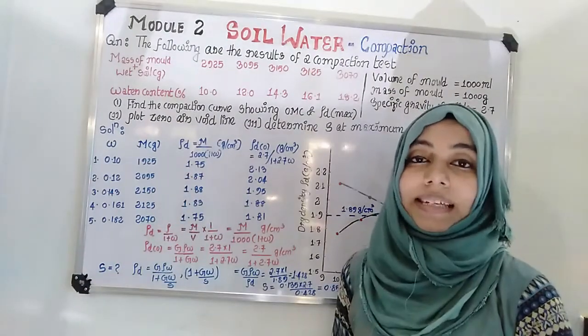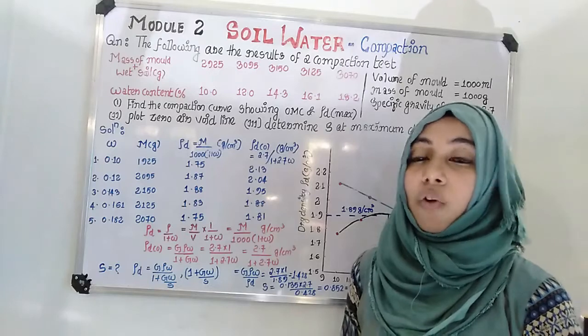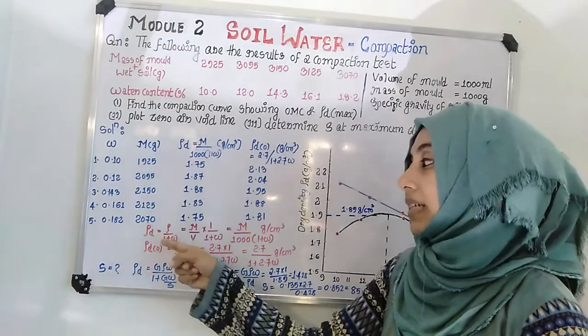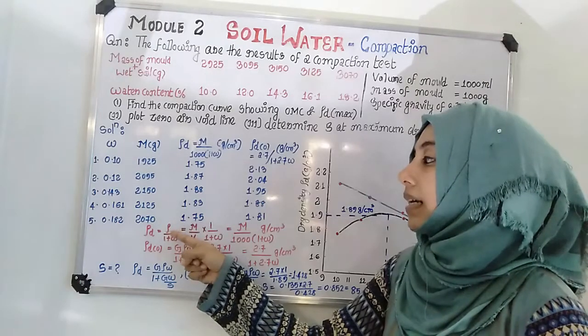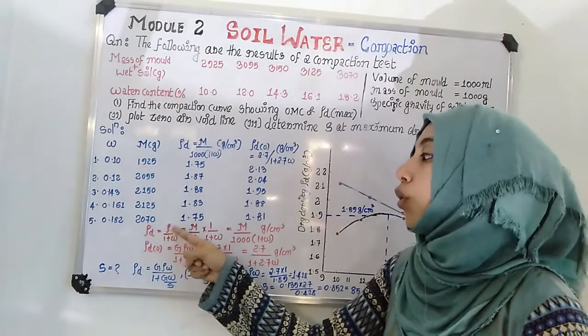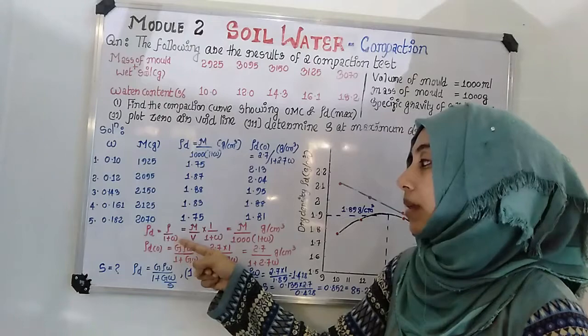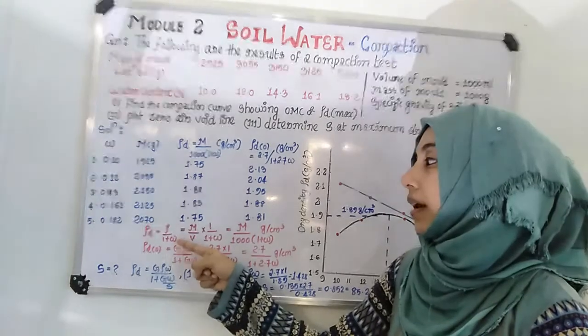Then we have to find the dry density. We have an equation connecting dry density and moist density or bulk density: rho d equals rho divided by 1 plus W, where W is the water content.